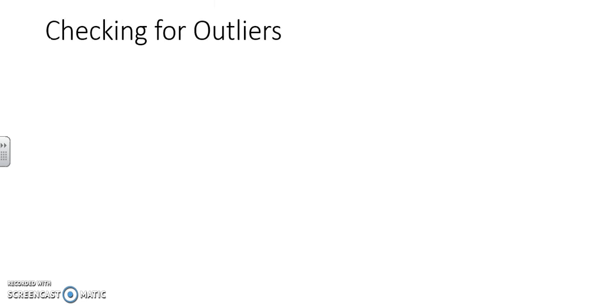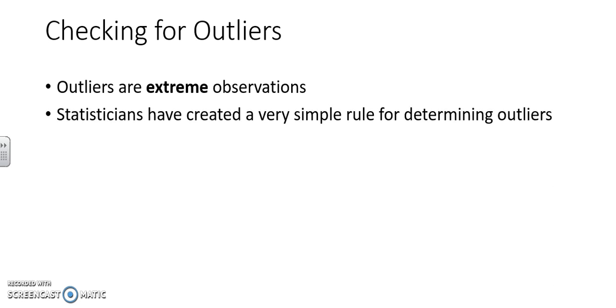So now we also want to check for outliers. I know this is a long process, but it's helpful in the end to be able to describe this distribution. So checking for outliers. An outlier is any extreme observation. Before in class we've kind of eyeballed and looked for potential outliers, but here statisticians have actually come up with a very simple rule for determining what outliers are.